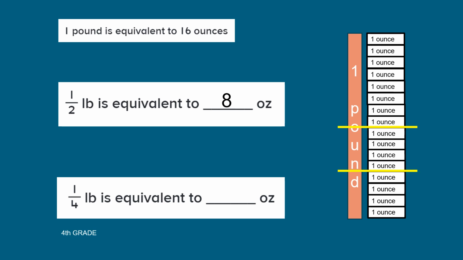Or maybe you used the picture on the screen to divide it into 4 equal parts and counted how many ounces in each part. 1/4 pound is equivalent to 4 ounces.